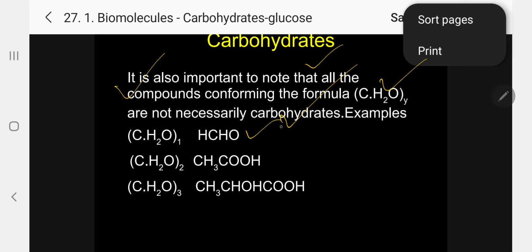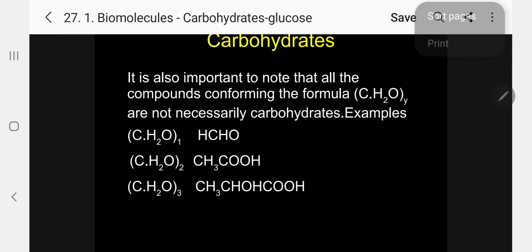Example, first one: if y equals 1, formaldehyde; y equals 2, acetic acid; y equals 3, lactic acid. So, this is not suitable for representing the carbohydrates. Kindly follow.